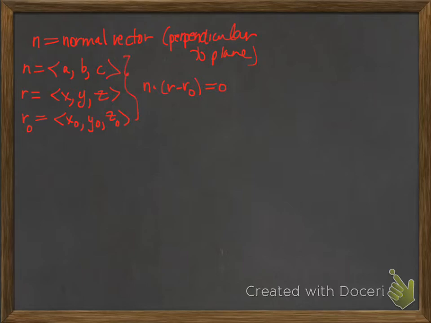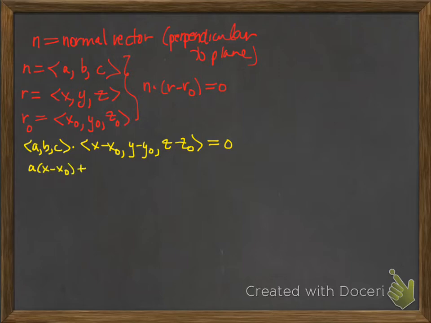Well, that means we're going to take the vector a, b, c, and we're going to dot it with the vector x minus x naught, y minus y naught, and z minus z naught. And we are going to force the conclusion that that equals 0. All right? So, what does that tell us? If we actually perform the dot product, we get a times x minus x naught plus b times y minus y naught plus c times z minus z naught equals 0.